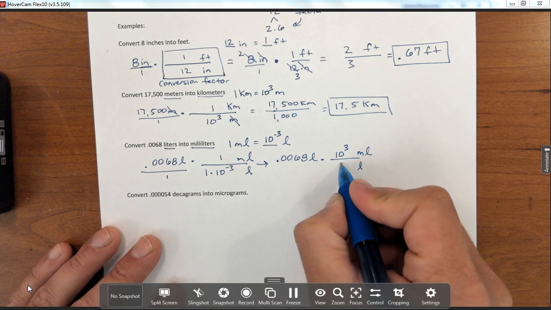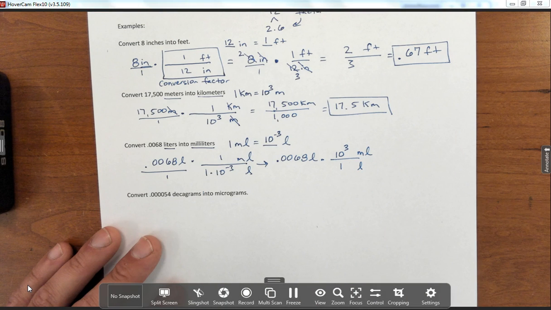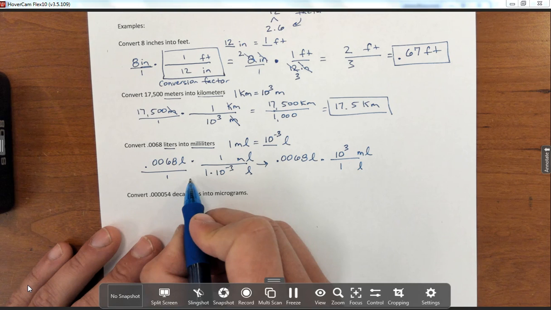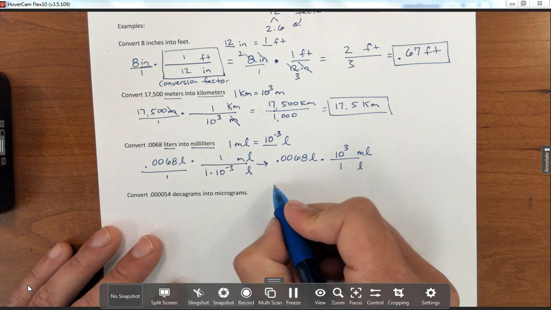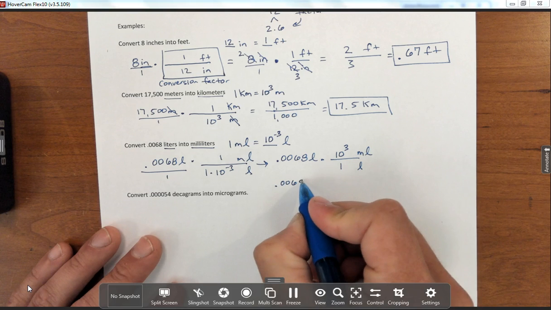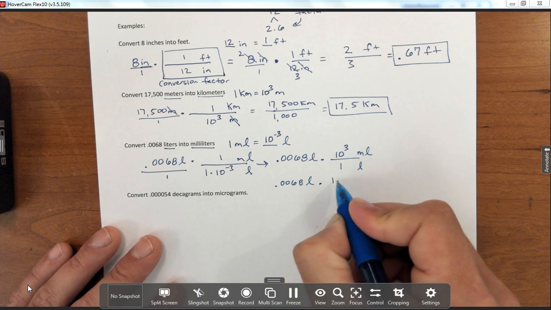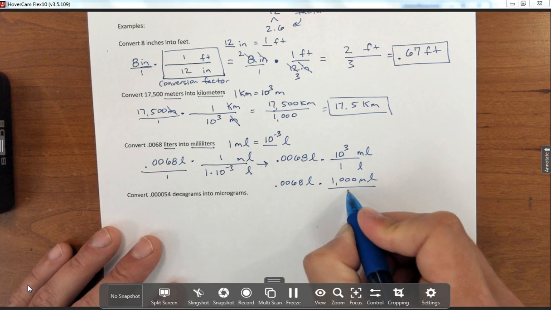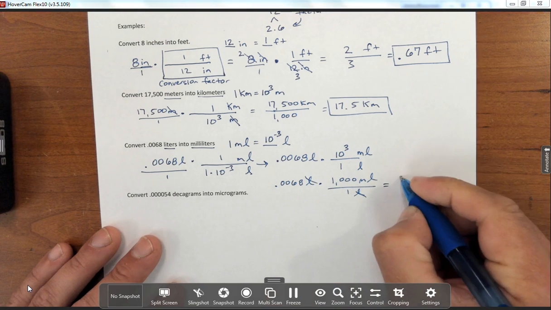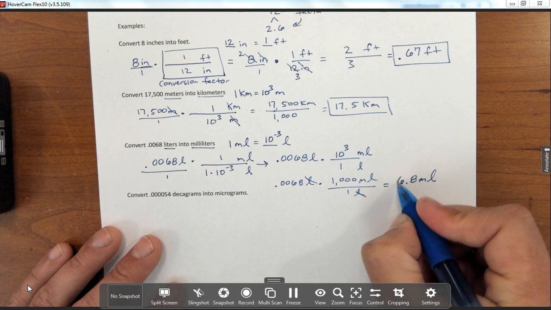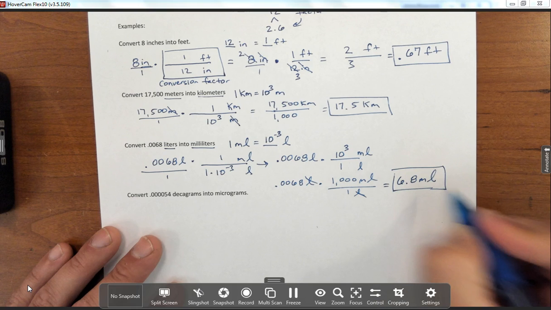So it leaves behind a coefficient of 1, not 0. The denominator doesn't become 0. We had on the bottom that times 1, so now the 1's left. This factor moves up. And 10 cubed is 1,000, right? So that's 0.0068 liters times 1,000. Our liters are going to cancel, and we're really multiplying by 1,000, which is going to give you 6.8 milliliters, or mLs.